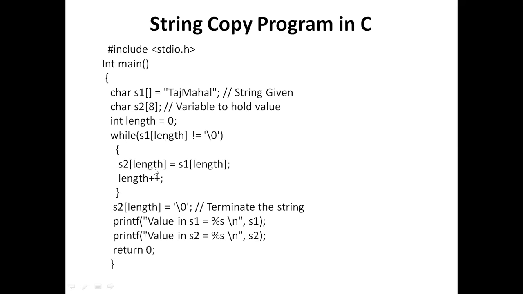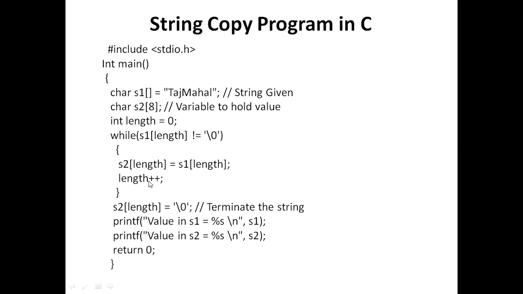So you can see the loop here. Initially length is 0. So S1 of 0, what is S1 of 0? T. I will copy it into S2 of 0. Next, S1 of 1, A, I will copy into S2 of 1.